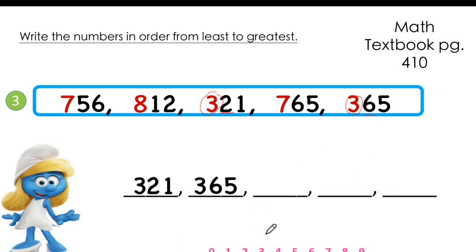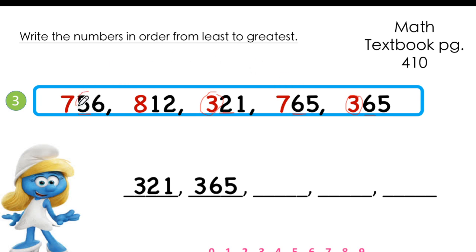Okay, what do we have next? Do we have 4 in the hundreds place? No. 5? No. 6? No. 7. We have 2 of them, 7. We cannot compare using the hundreds digits, so we have to use the tens place. We have 5 and 6.